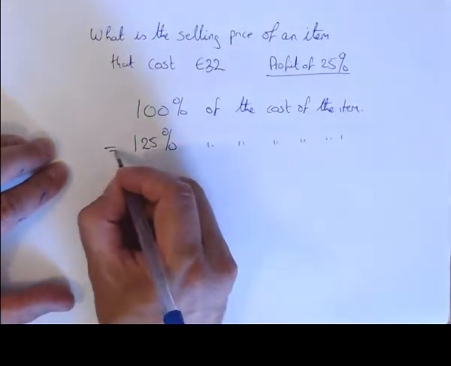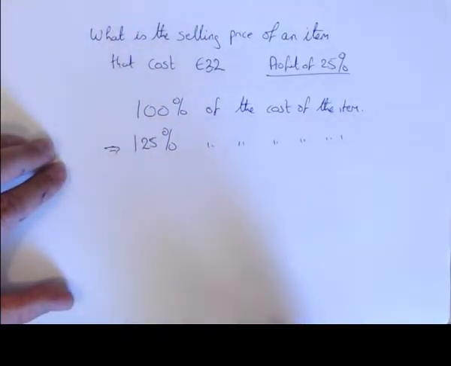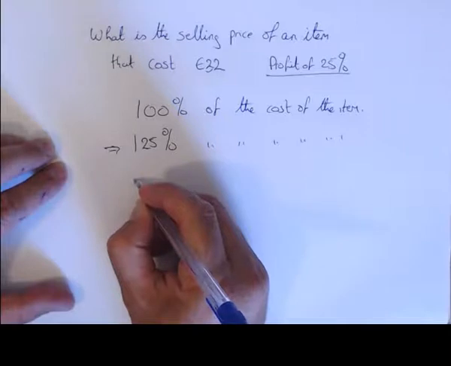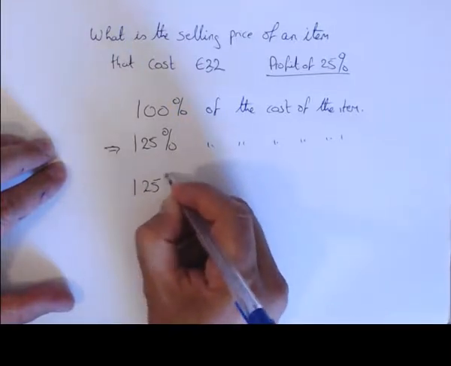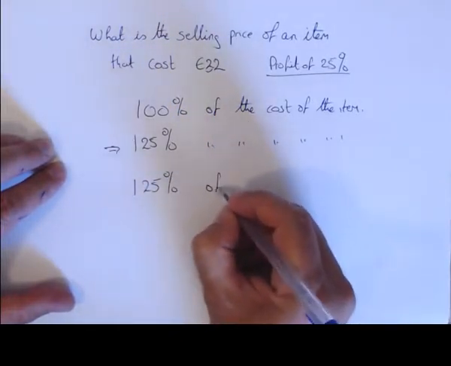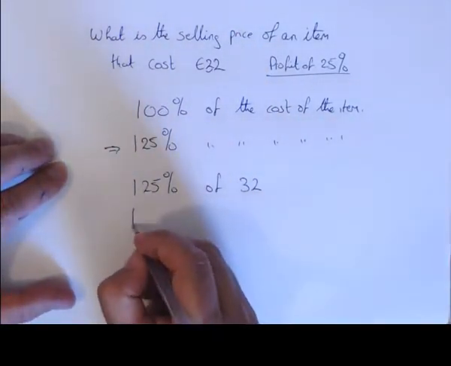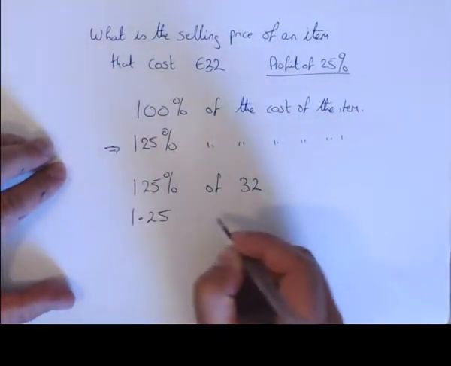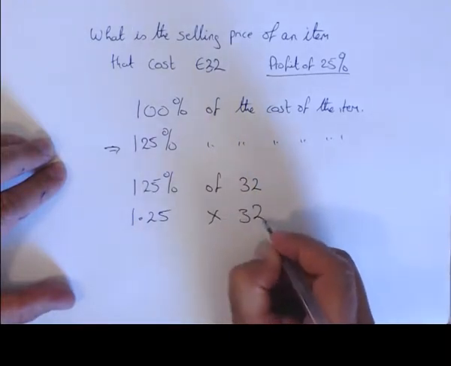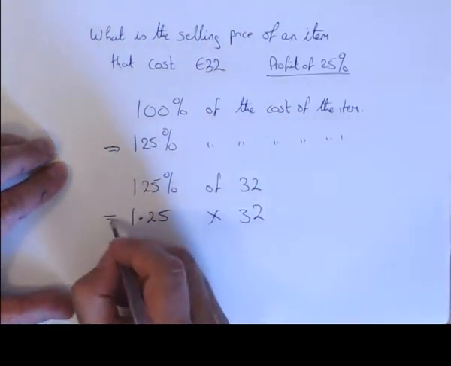This is what we want, which is of course 125% of €32. How do I find that? I write it as a decimal, 1.25, multiplied by 32. So very straightforward.